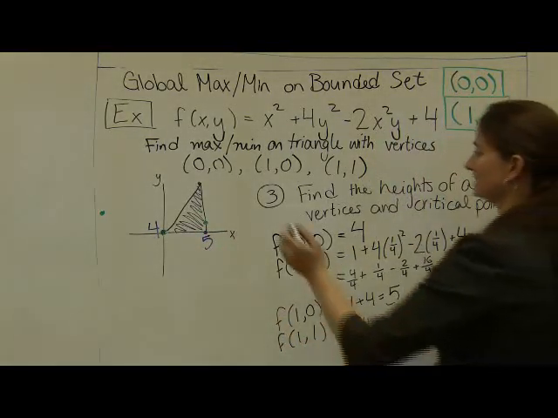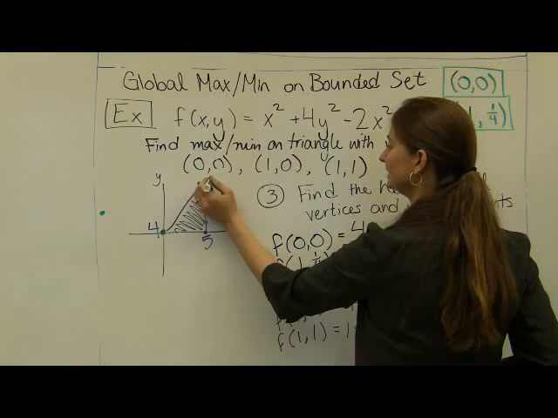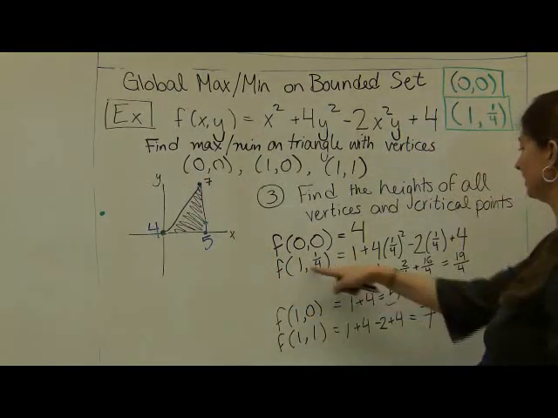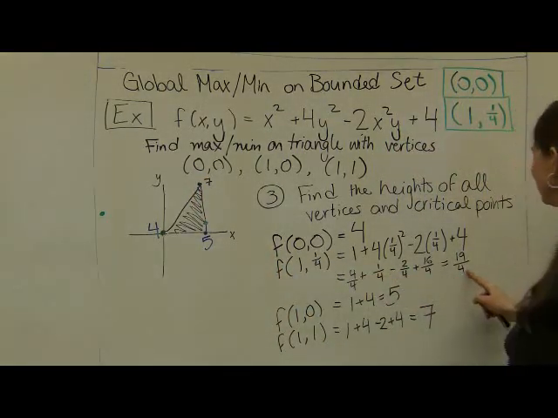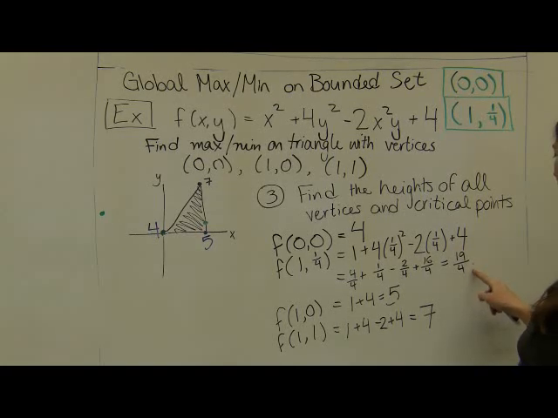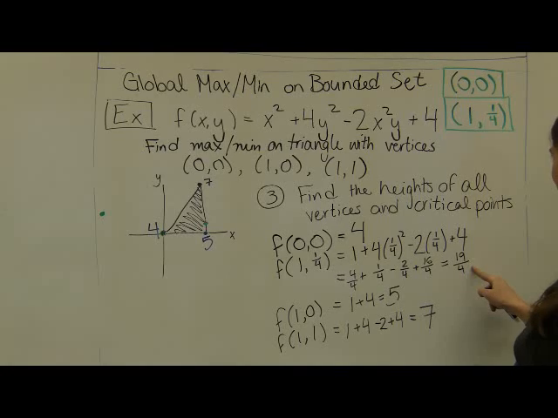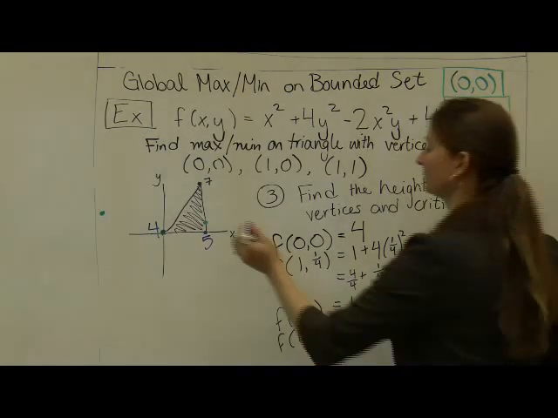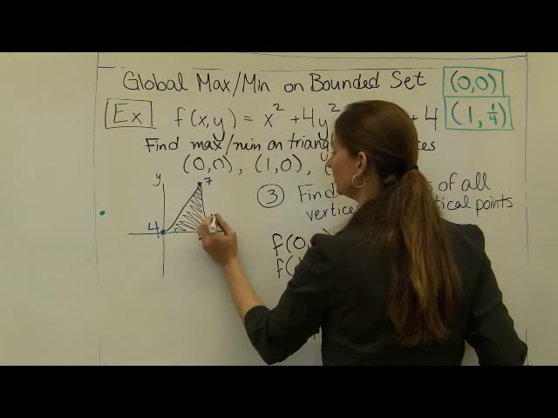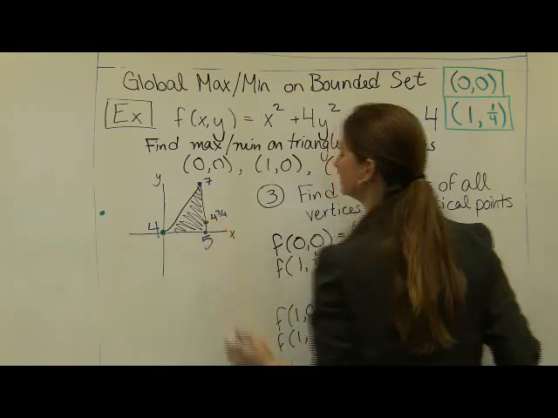Up at 1, 1, it's 7 high. These are our functional outputs. And at our crazy saddle point, it's 19/4 high, which is 4 3/4. So I'll write that as 4 3/4.